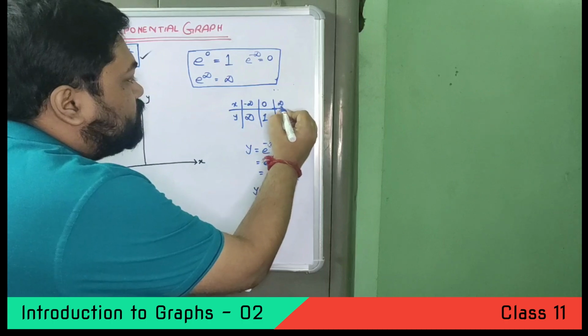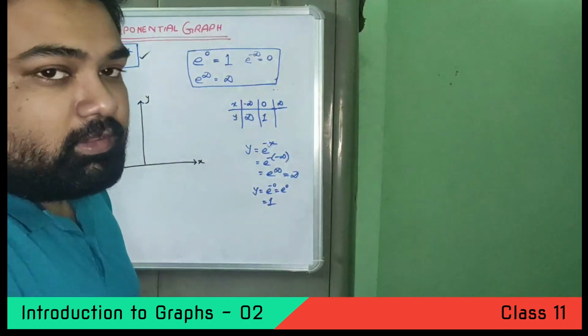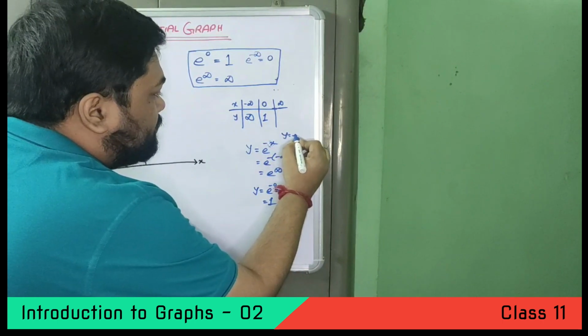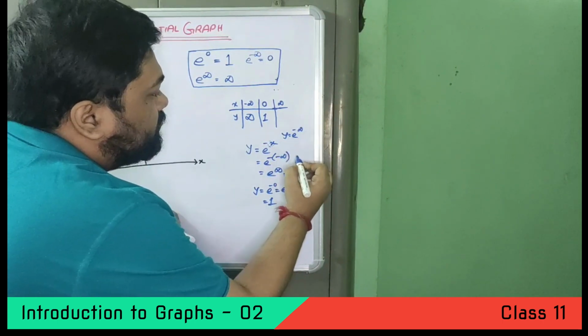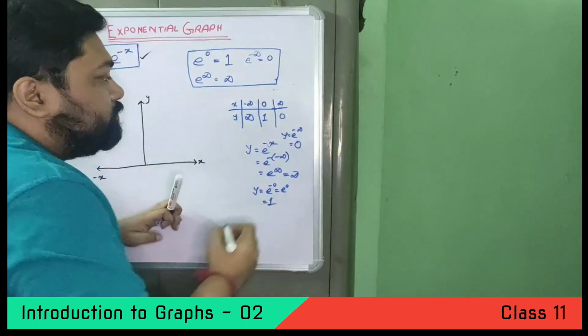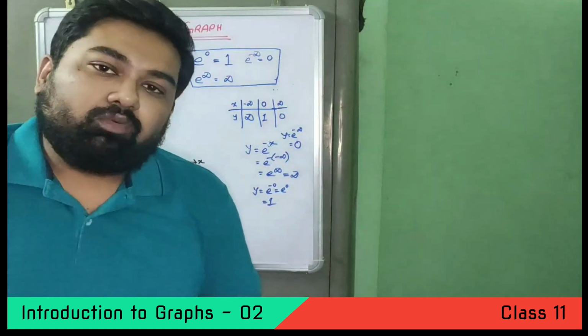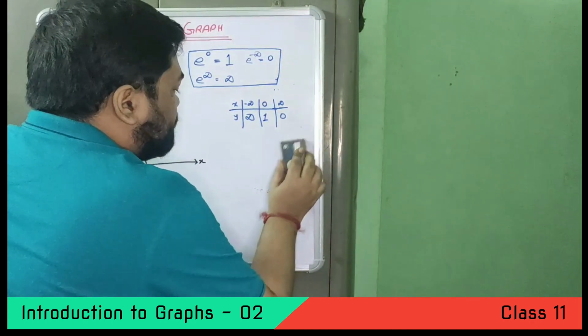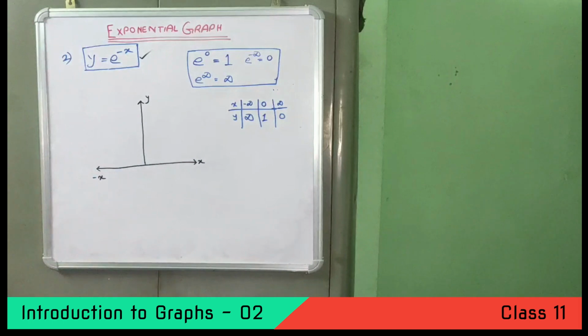And at x equals infinity, what will be the value of y? The value of y will be e to the power minus infinity, and its value is equal to 0. So here the value of y will be equal to 0. Okay, I am just moving this.